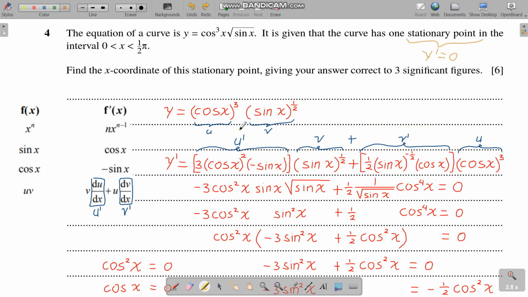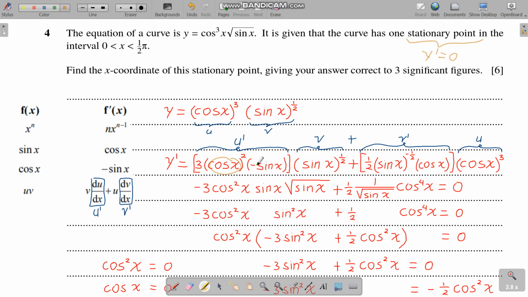Now u prime is the derivative of u. The derivative of cos x to the power of 3, we use this rule first. So we bring this power down. We have 3 times the new power is 2. So this is what we get using the power rule. But then, since the base is not just a simple x, the base is cos x, we have to use the chain rule.